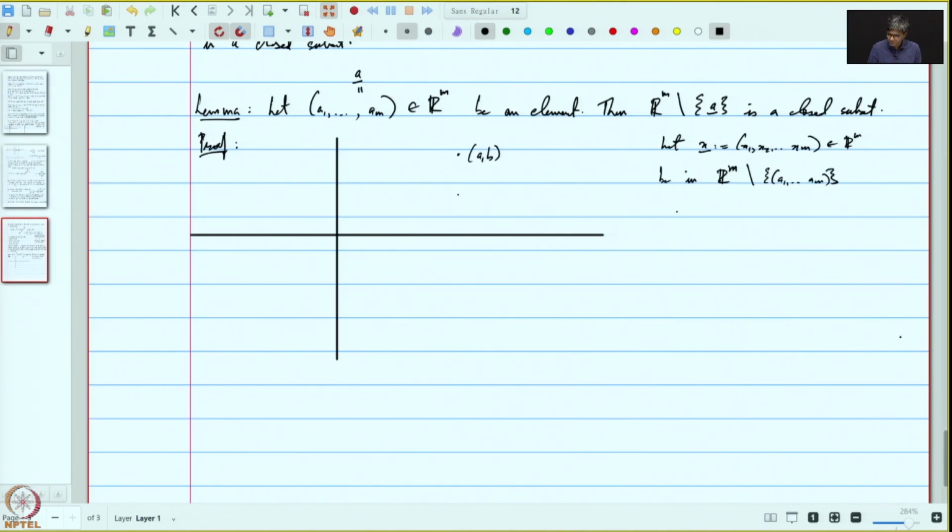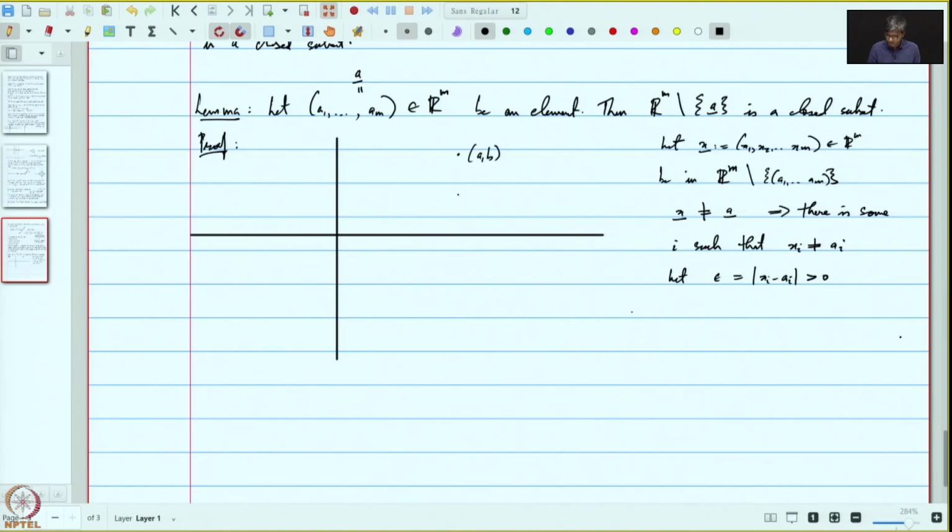What this simply means is that x bar is not equal to a bar, which implies that there is some i such that xi is not equal to ai. So let epsilon be the absolute value of xi minus ai, and this is positive.